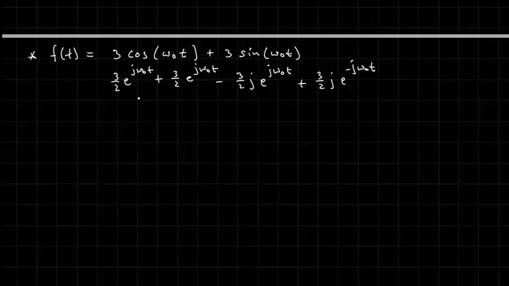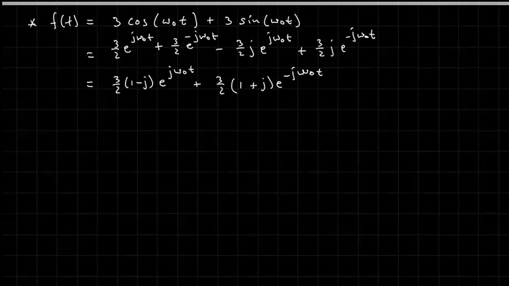Okay, so let's combine our terms. We have 3 halves times 1 minus j times e to the j omega naught t, and then we would have 3 halves times 1 plus j times e to the minus j omega naught t. Now, 1 minus j is a complex number.